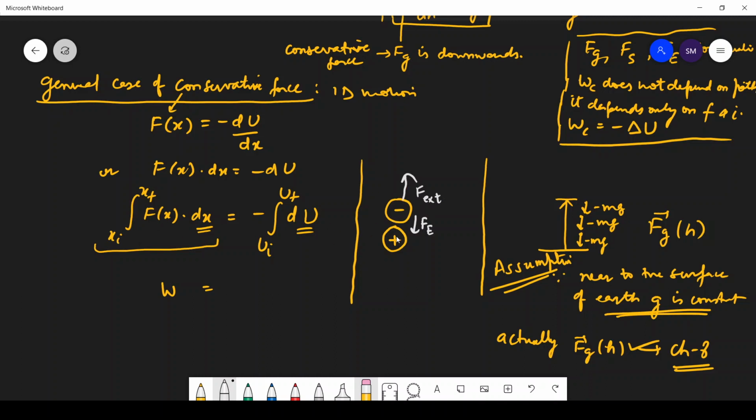Same is the case here. The earth was pulling the ball downward, but I was taking it upward. Here you can see the electric force will be equal to the external force if you want to store this in the form of potential energy. And Fe is equal to K, a constant. It depends on the product of these two charges. So if this is Q1 and this is Q2, the product of the two charges divided by the distance between them.